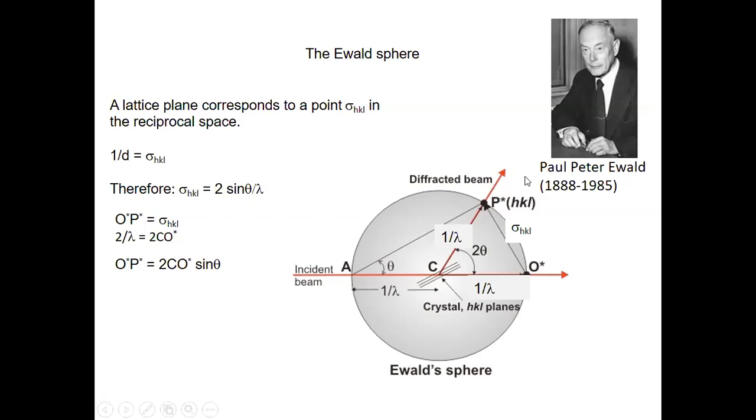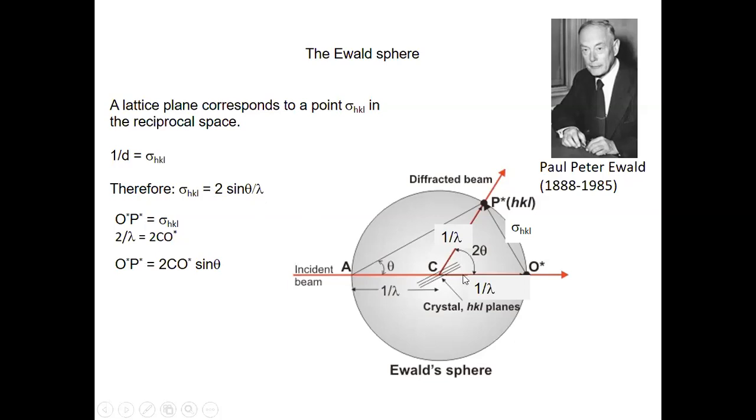And you see the Ewald sphere here. So the Ewald sphere is a sphere around the center of the real space, where actually our crystal sits, and has a diameter of 2 over lambda. Okay? That is because sigma HKL is proportional to 2 over lambda.